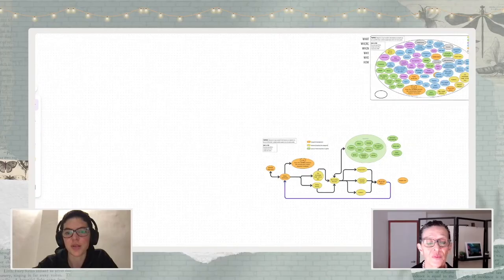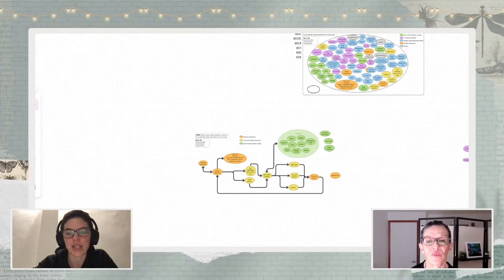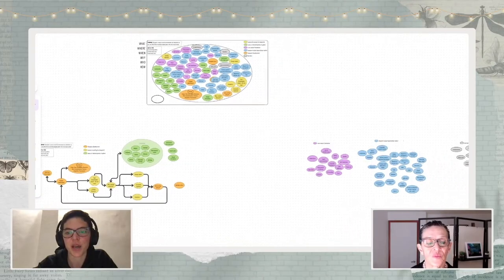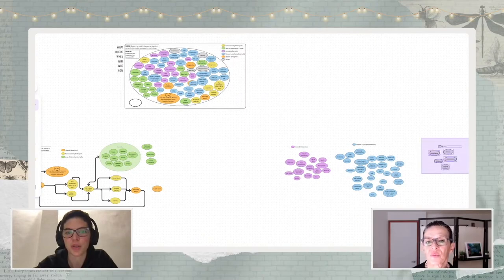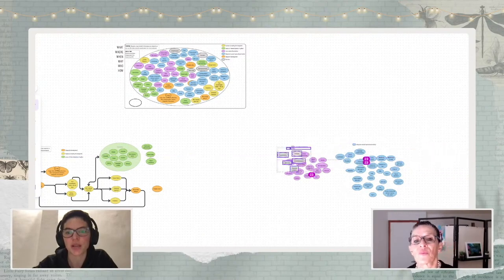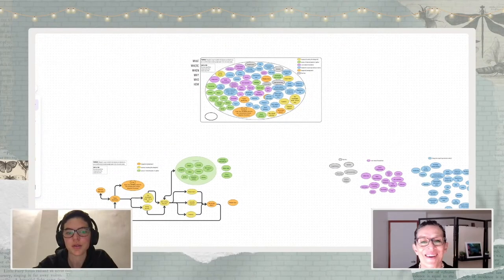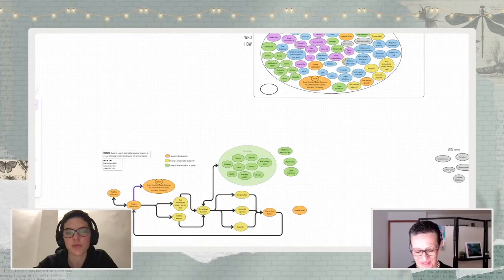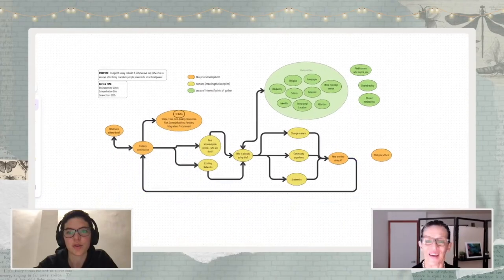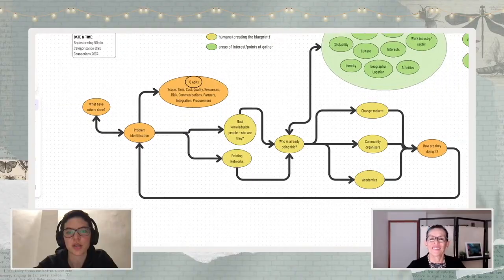We got our big bubbles, and then the mapping and connections that we've done so far, and then we have our purple, blue, and gray categories that we're going to address next week. Cool. So that is 45 minutes of working on these connections.